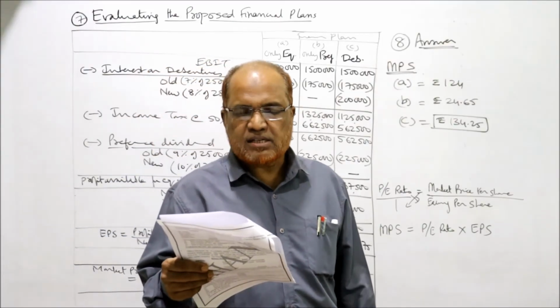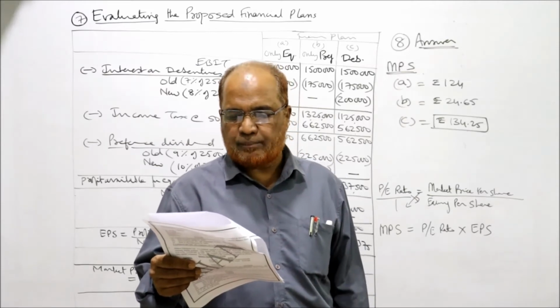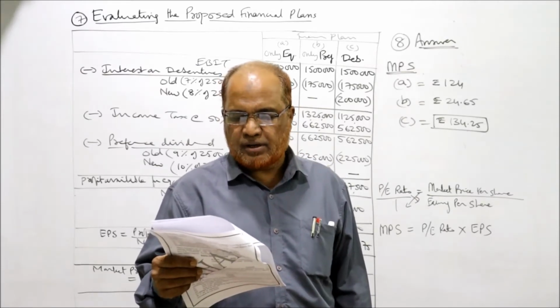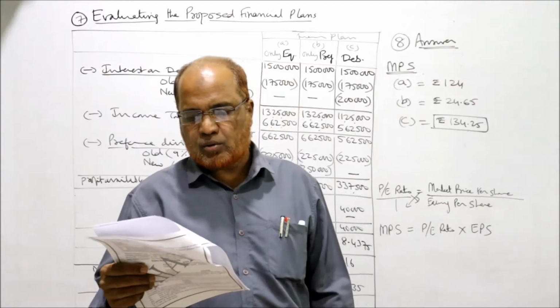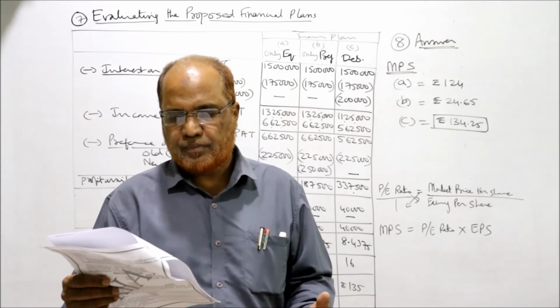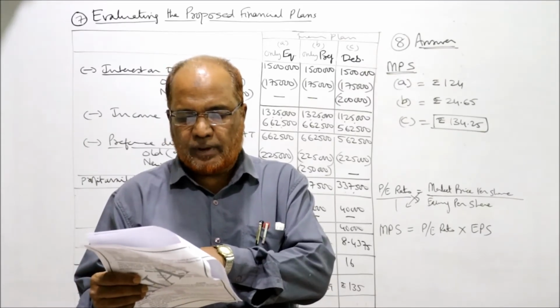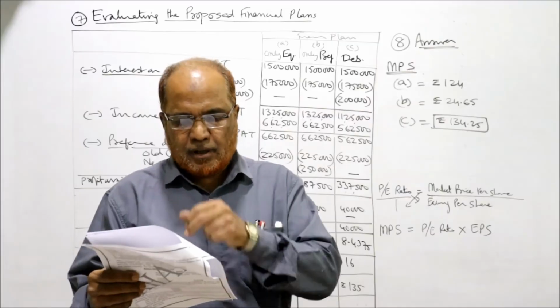The company requires a sum of 25 lakh to finance its expansion program, for which the following alternatives are available. Issue 20,000 equity shares at a premium of 25 rupees per share, just like the previous problem. If you multiply 20,000 into 125, you will get 25 lakh.